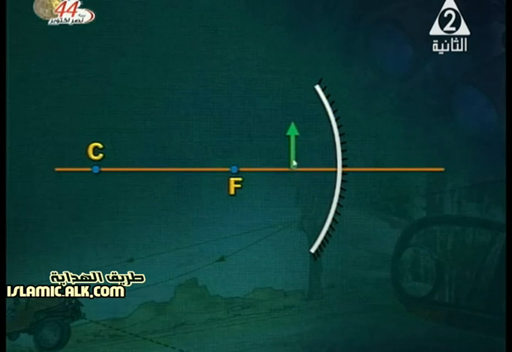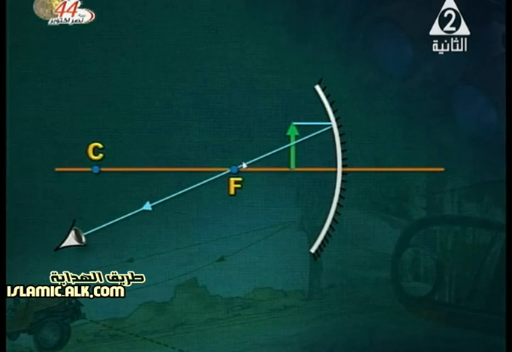This object will send a light ray which is parallel to the principal axis. This ray will be reflected on hitting the reflecting surface of the mirror to pass through the focus. The second ray, the object sends to the center of curvature of this mirror.